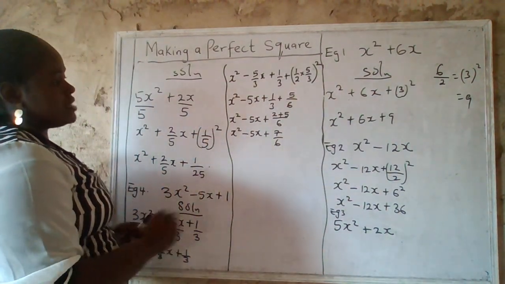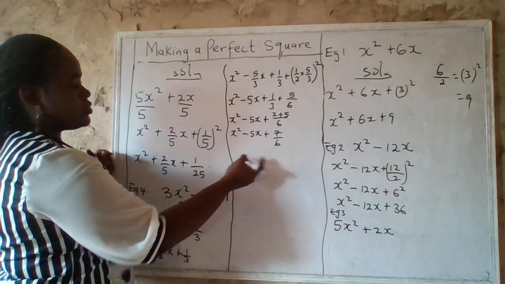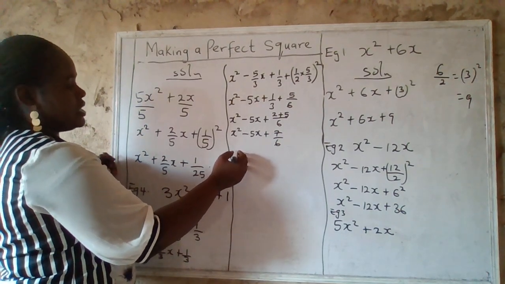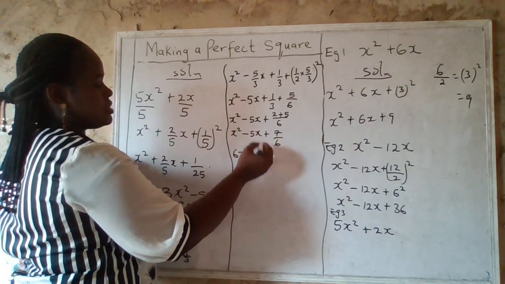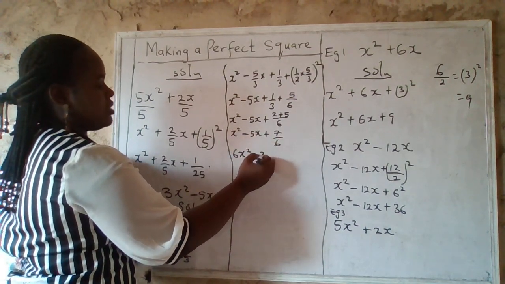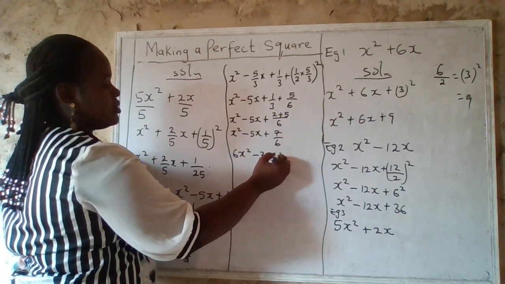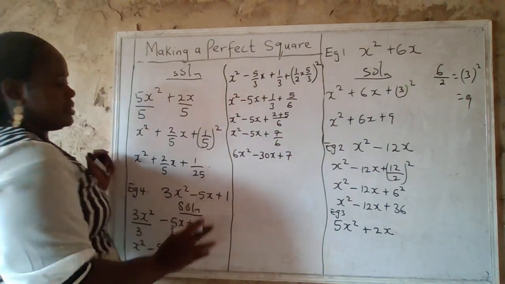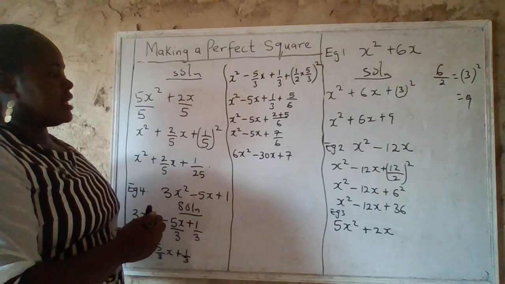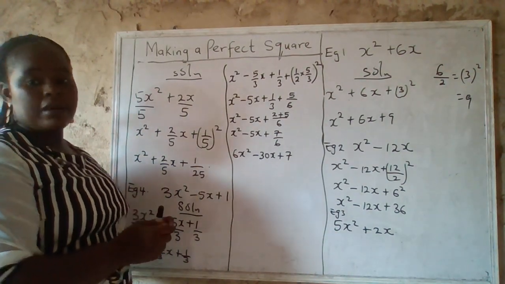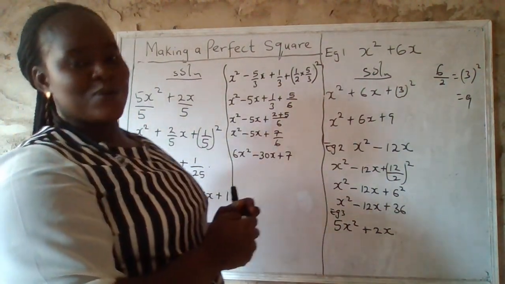So to do that, I will multiply through by 6. Multiplying through by 6, I will have 6x squared minus 30x plus 7. I think that will do it for me. Now that means I have perfected my imperfect square.